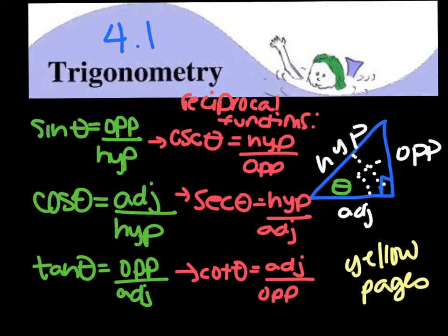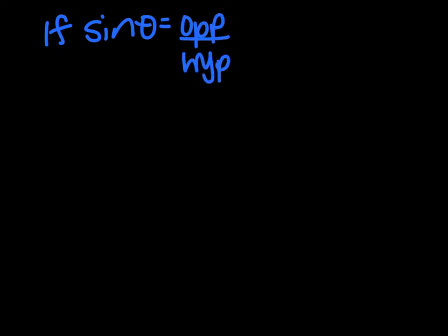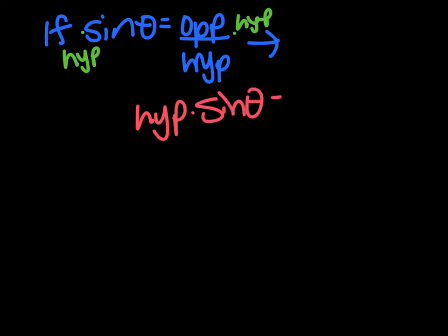We are also going to look at some other properties as well. If my sine of theta is my opposite over hypotenuse, then if I multiply both sides by hypotenuse, that gives me my hypotenuse times sine is my opposite, because those will cancel.